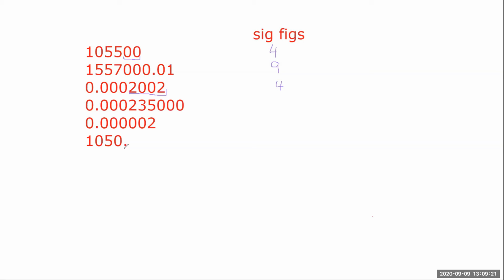Not 9. 6? It is 6. These 6 are significant. So if there's a decimal there, numbers that are trailing zeros become significant, because you're taking the time to actually write those zeros out. You're telling the reader that I am sure about these numbers. Otherwise, you wouldn't write them, right?